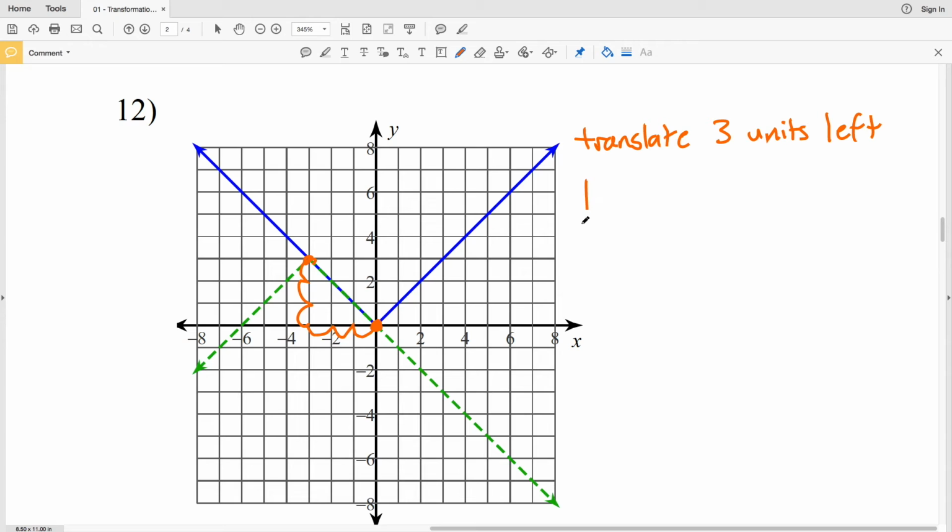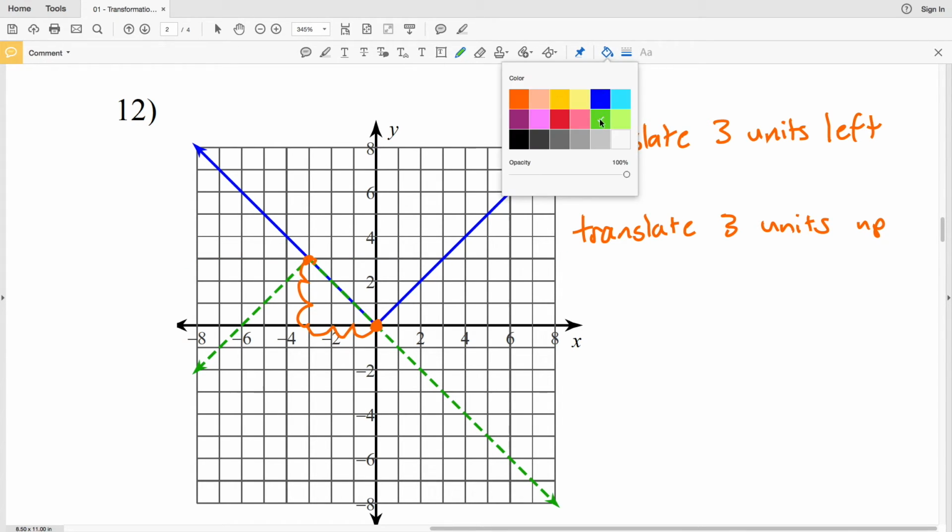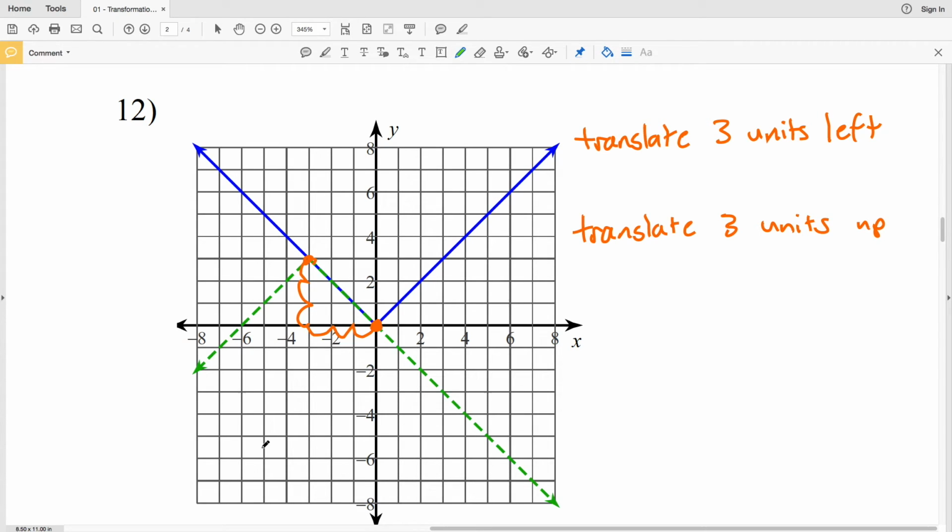So translating 3 units up. And then lastly, we're going to need to reflect that function. And the reflection is going to happen over the x-axis. Because if we were to not have g of x translated, it would fall here. So that is indeed a reflection over the x-axis.